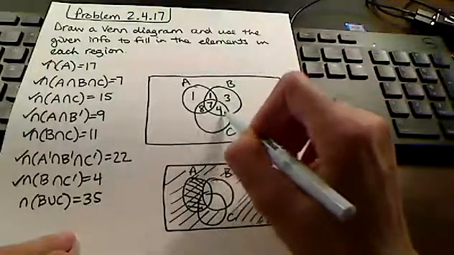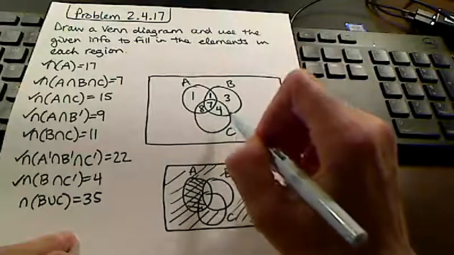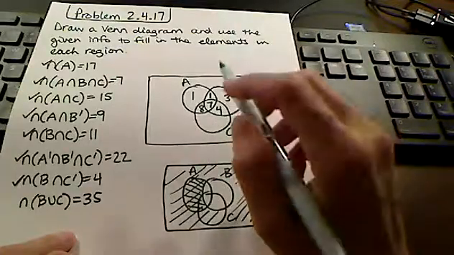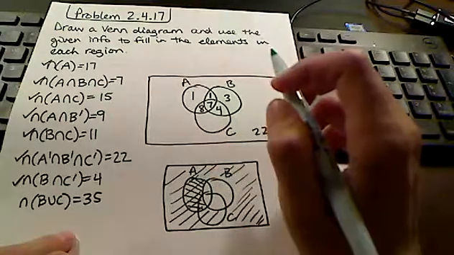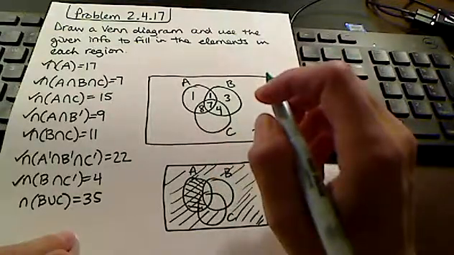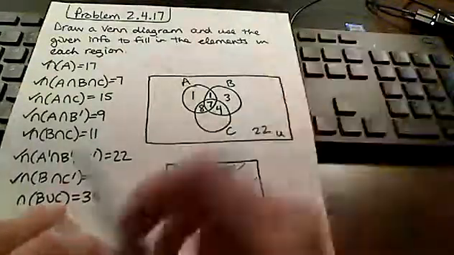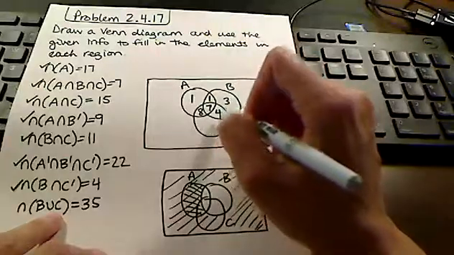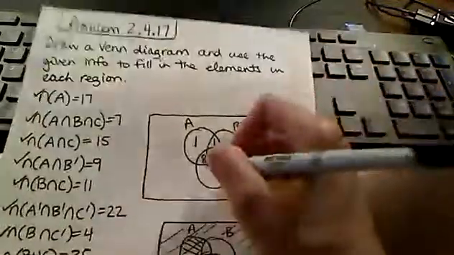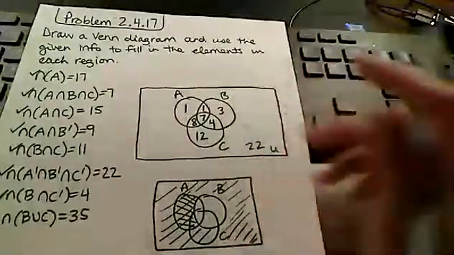That's all of these regions right here. So if we've already got 8, 7, and 4, and I have a mistake on that. No, okay, sorry. B union C is all of this, 8, 7, 4, 1, and 3. So we've got 22 there, which gives us 12 left over right there. And that's it for this Venn diagram.